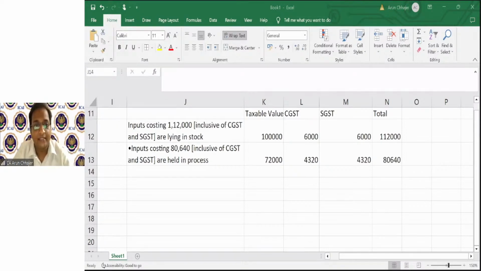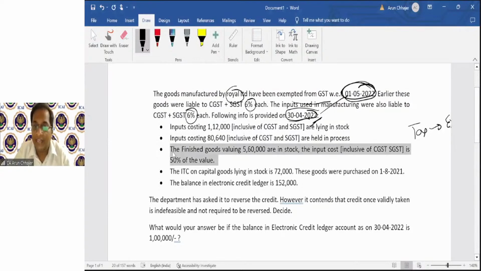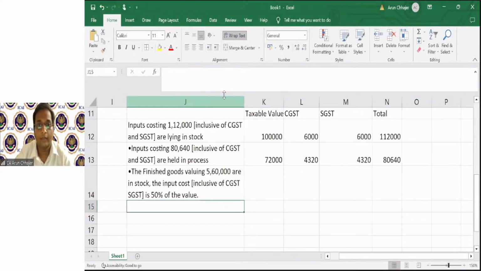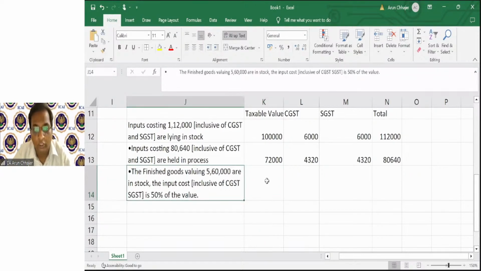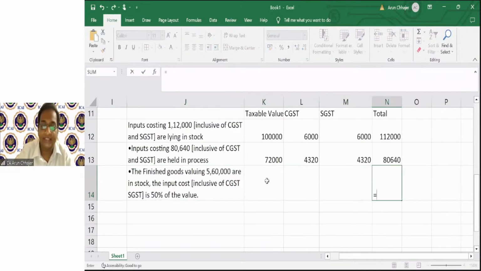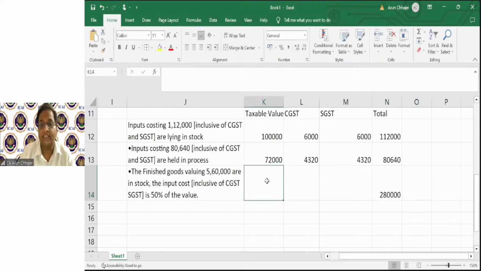It further says that finished goods valuing 5,60,000 are in stock. The input cost is 50% of the value. So the input cost including GST: I can say the 5,60,000 multiplied by 50%, and which is inclusive of tax, that is the input.